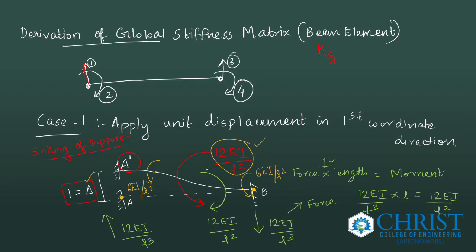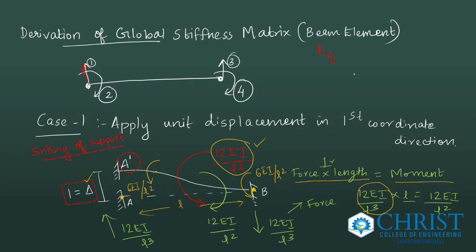RA and RB are support reactions, that is forces. So how will I cancel out a moment? Force into perpendicular length will give me a moment value. So 12 EI by L cube may be the support reaction value. That into the perpendicular length, that is the length of the beam, will give 12 EI by L square moment.